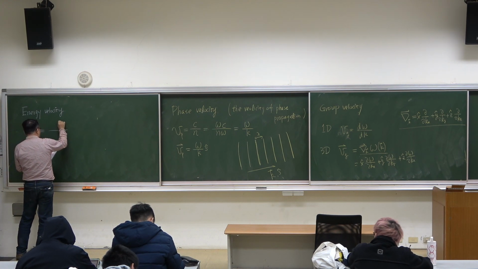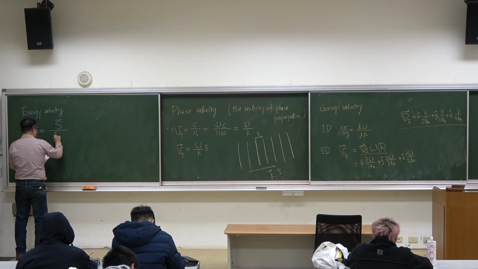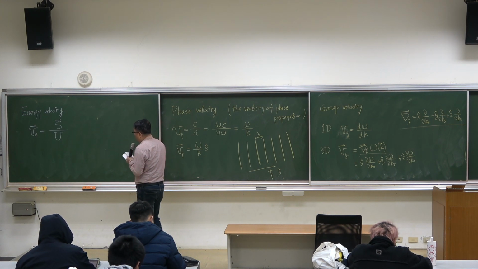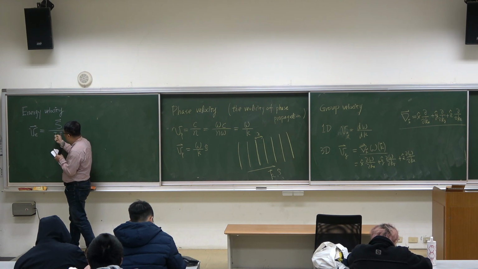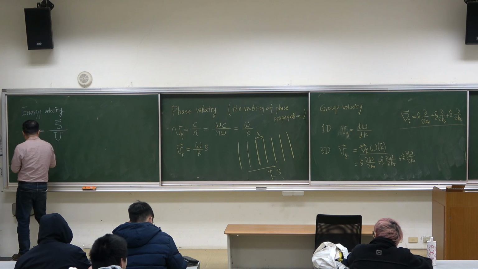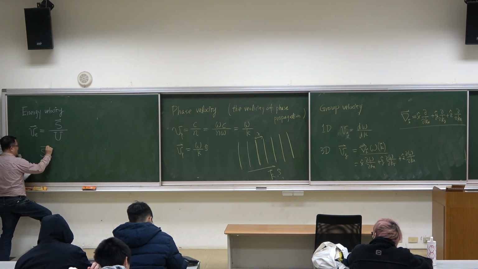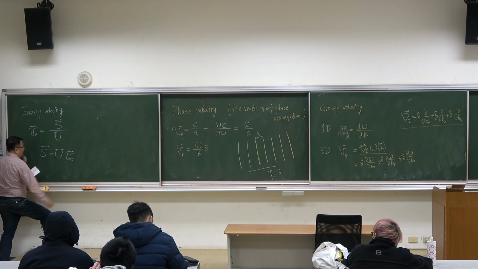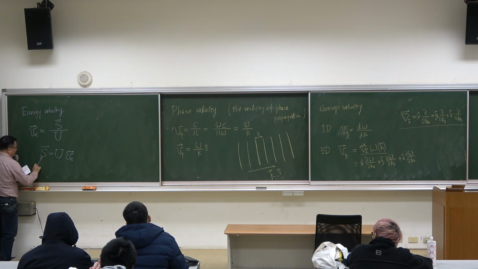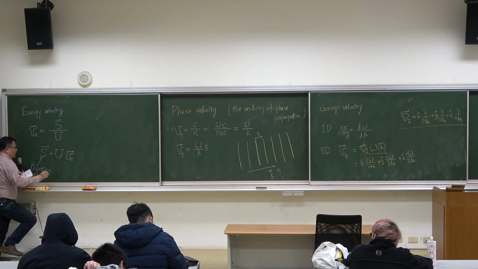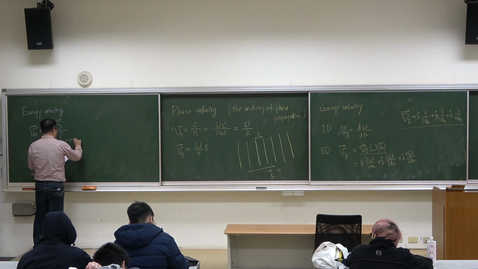VE can be defined as the Poynting vector divided by the energy density. 就是这个电磁能量密度当分母，Poynting vector 当分子。那或者是你可以看成这样，就是 S 等于 U 乘上 VE。Here, S is the Poynting vector, and U is energy density.